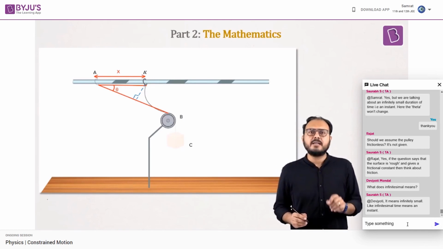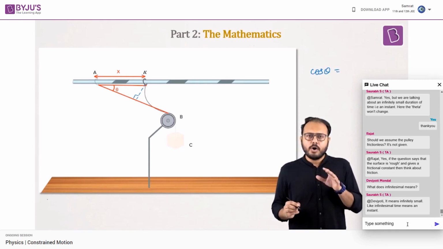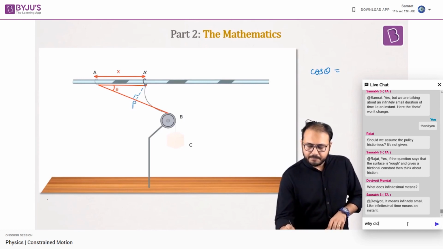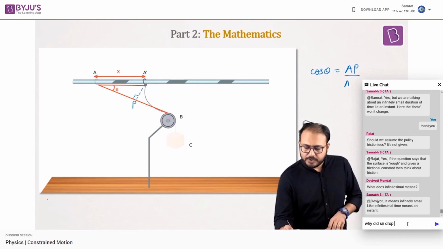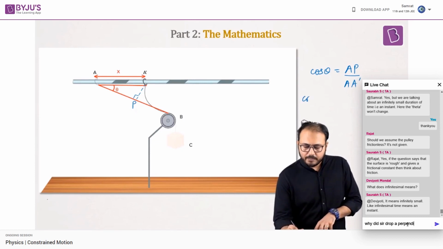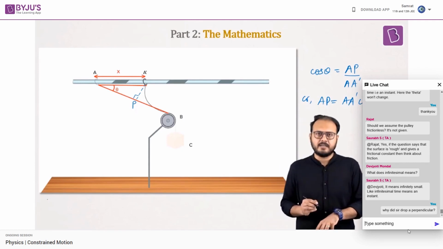You have a right angled triangle. Cos theta in a right angled triangle is the ratio of base, or adjacent, let me call this point P, AP upon the hypotenuse, which is AA dash. Correct? Or AP is equal to AA dash times cos theta.